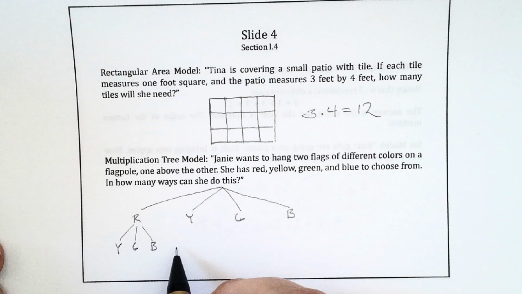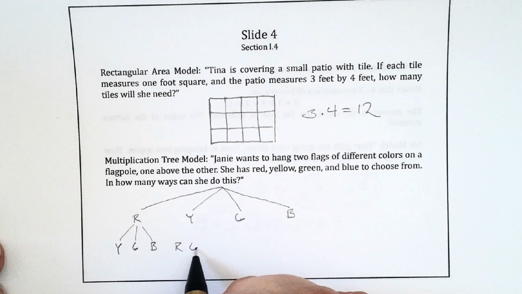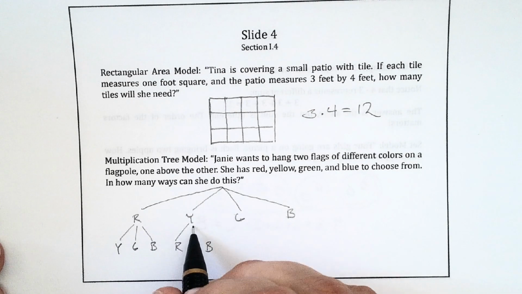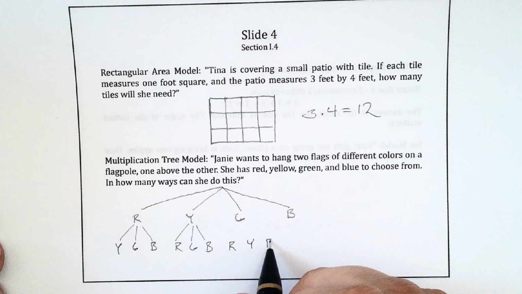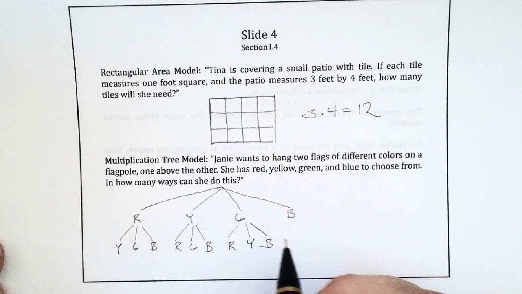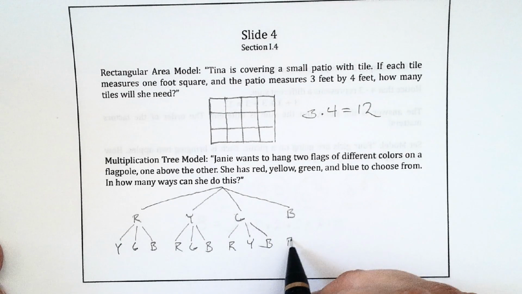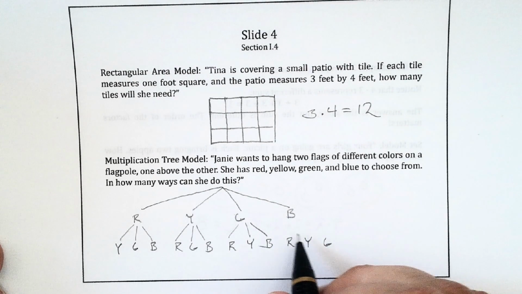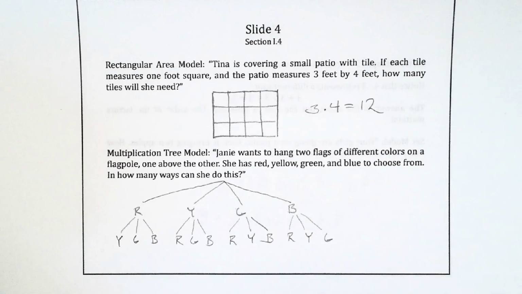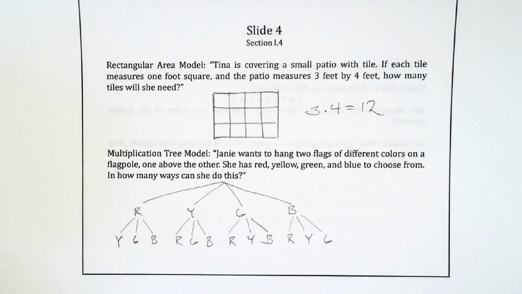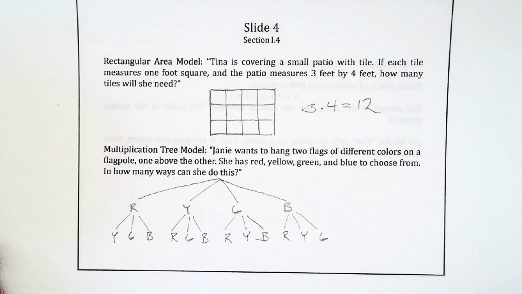If she chose yellow first, now she could choose red, green, or blue. If she chose green first, now she could choose red, yellow, or blue. And if she chose blue first, now she can choose red, yellow, or green.